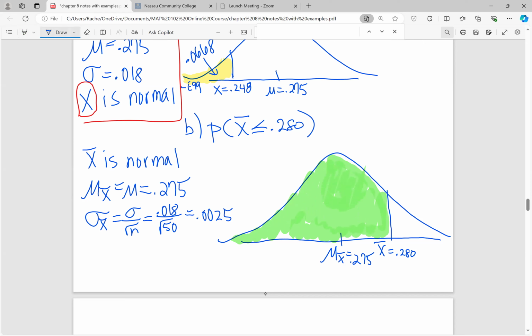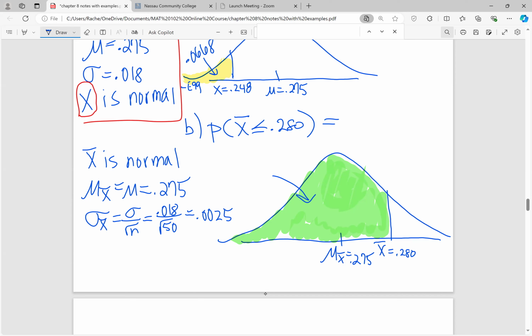So you should be saying to yourself, I know how to do this, right? Because even though this is a different random variable than we're used to, it's not X, it's X bar, X bar is normal. And we know how to find an area under the normal curve. And remember, area equals probability. So once I have this area, that's going to be my answer to this question. So it doesn't matter if X bar is my random variable, it's normal.